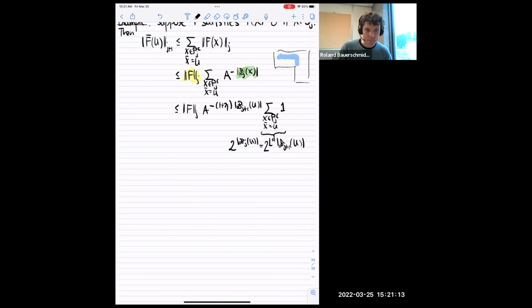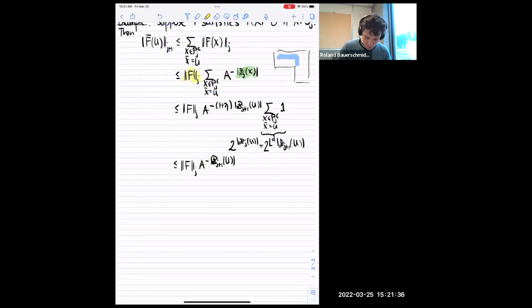So we can write this bound. The norm carries through, a to the minus bj plus 1 u. I'm taking this factor out because remember, we want to bound the norm of f bar, so we want to take this factor to the left-hand side.